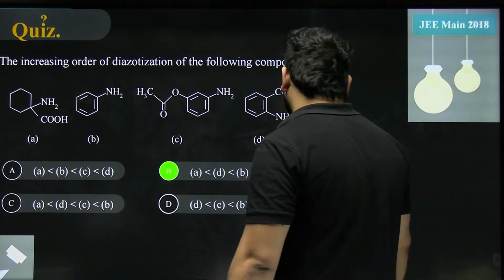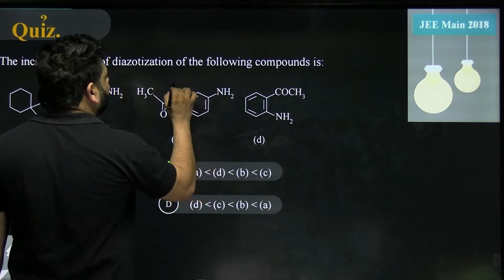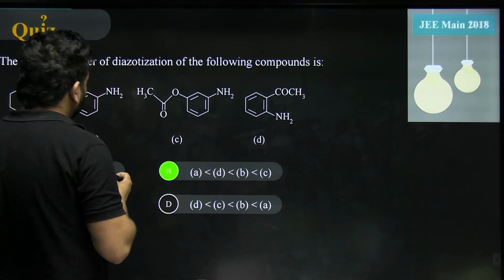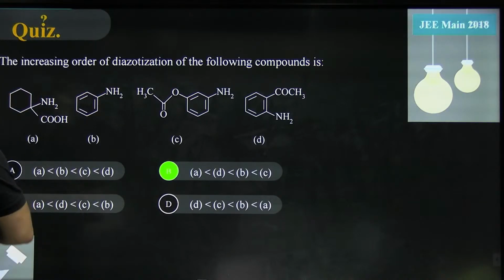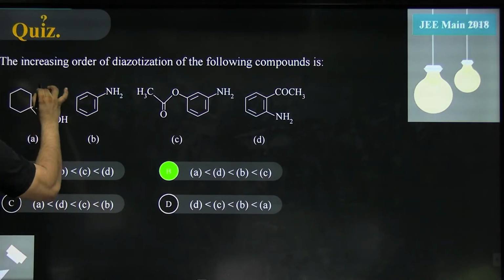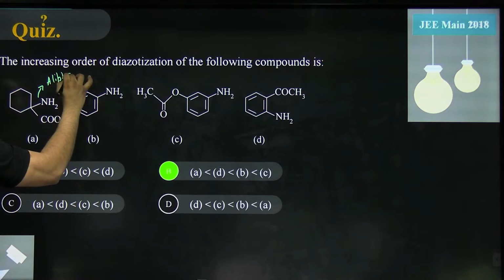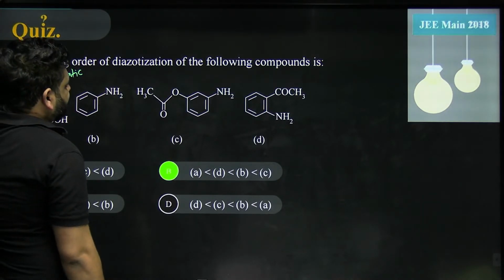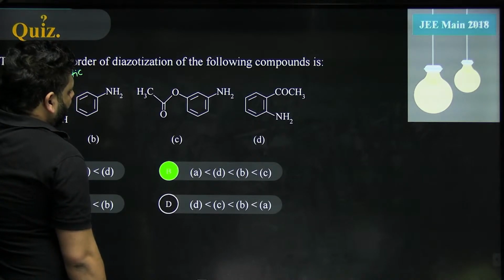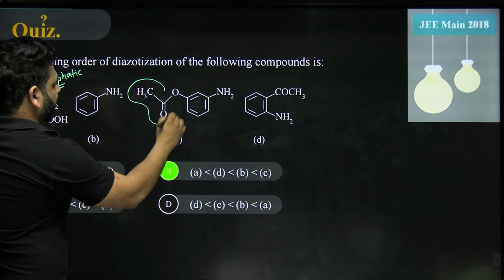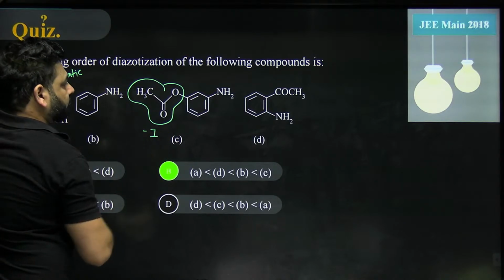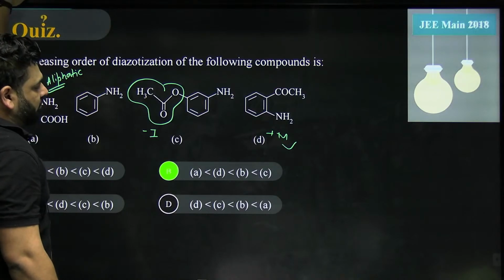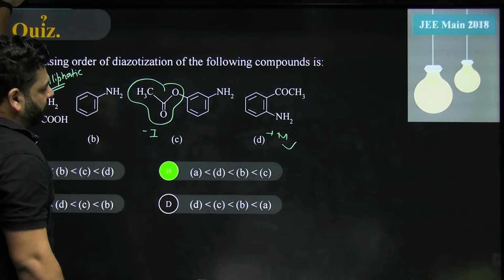So, see, what I'm trying to explain is this group. First of all, A is aliphatic, so it will have the least rate. This is aliphatic. B is simply with this, but what I can see is this is a minus I group, and this is a plus M group on the ortho position.